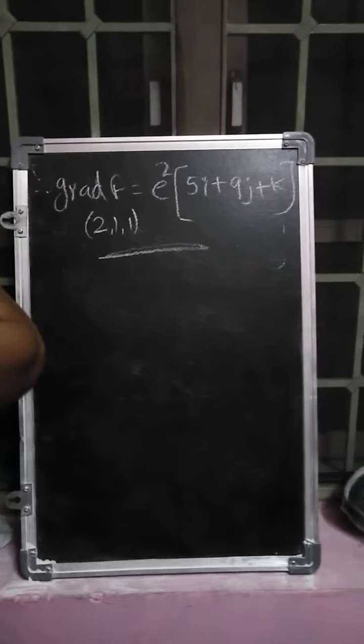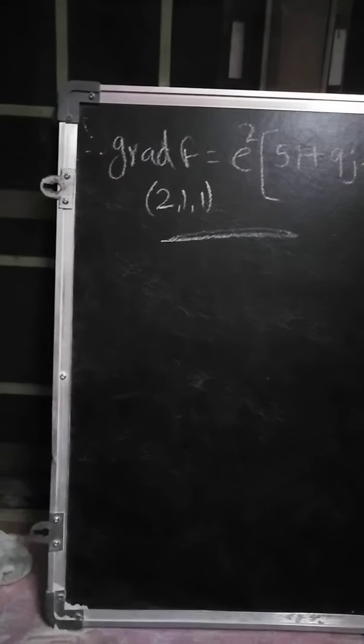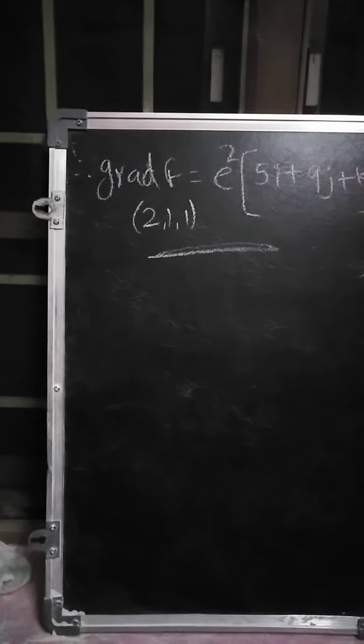Next, yesterday we covered some properties: we know that curl grad f is equal to 0, div curl f is 0, and div a cross b is equal to b dot curl a minus a dot curl b. In the next class I will solve these properties.